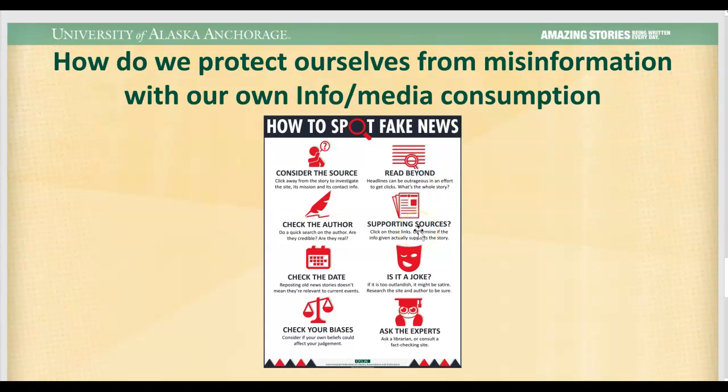Then check the sources that are cited in that piece. Are they from reputable resources? Is it too wild to be true? Is it satire? Those can be big clues. And then, of course, ask someone with content expertise if they've heard of this and what they think about it, and see if you can reconfirm the claims on a reputable website that you're aware of.